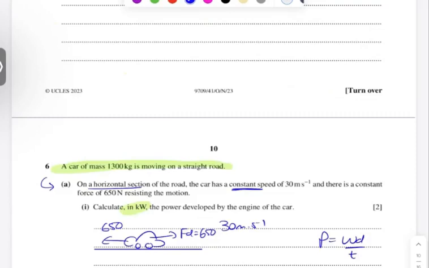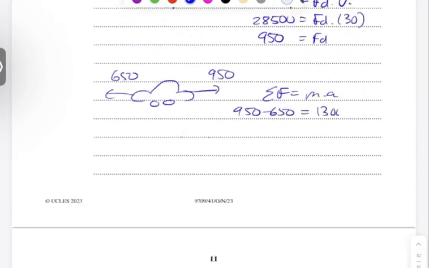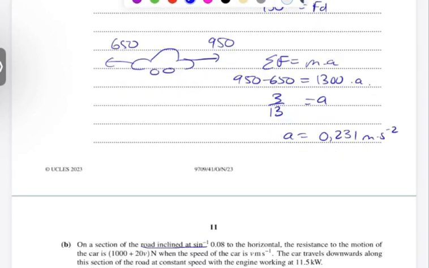And 1300. So my acceleration is going to be 3/13. Okay, so I like that, but if I were to round it off, it would be 0.231 meters per second squared.